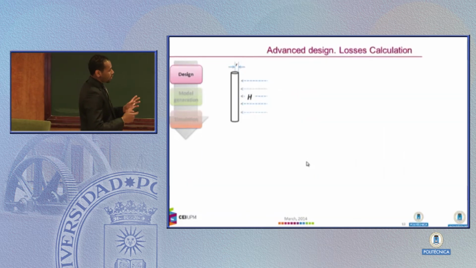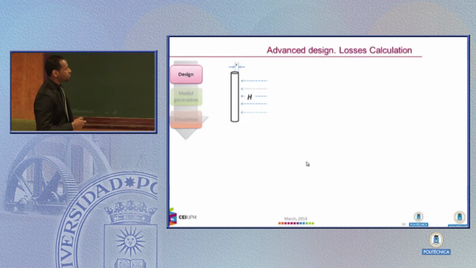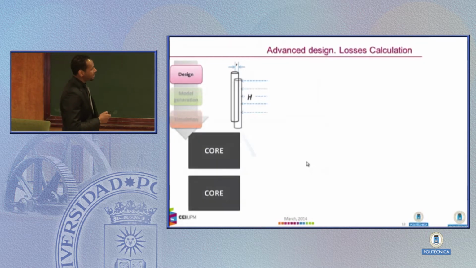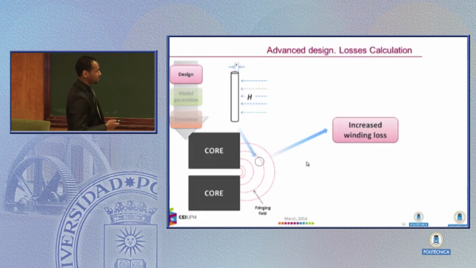Now talking about the winding losses. We know that a conductor will be affected by an external magnetic field. If we place that conductor close to an air gap in a magnetic component, it will be affected by the fringing field, and that means more losses.